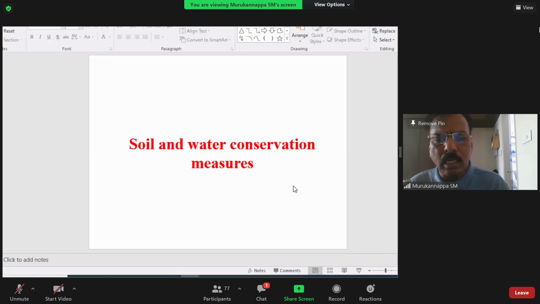If you have identified the ridge point in a given location, whatever water falls on the particular area will be collected downstream in the watersheds or the water bodies. So that area comprises different kinds of land features.